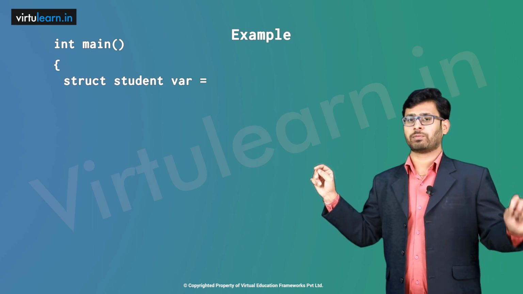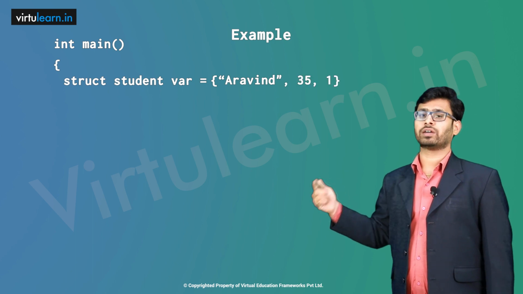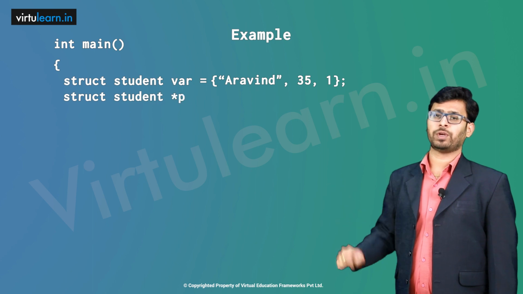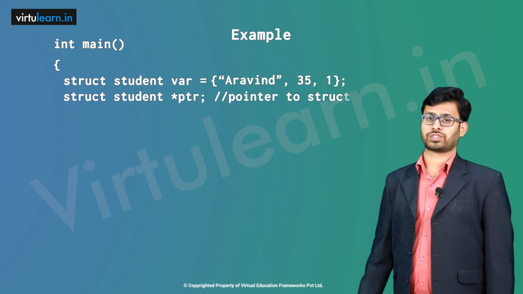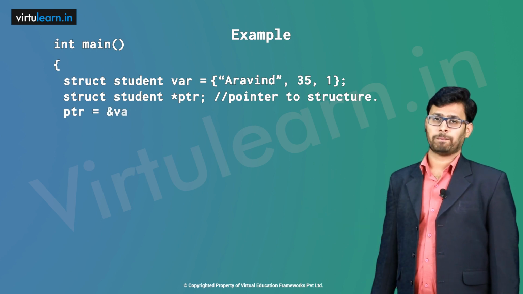Within the first inverted commas, I am writing Aravind, the number as 35, and the rank as 1. Struct student star PTR. This is a pointer to a structure. Now PTR is equal to address of var.